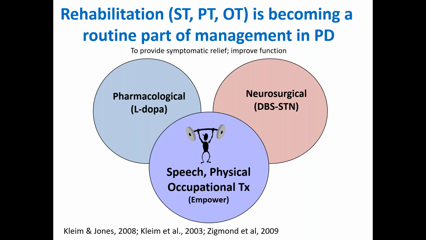But we also want them referred out for speech, physical, and occupational therapy so that we can get to patients as soon as possible and catch them early, so that we don't wait until they've progressed so far that it's much harder to make the gains that we could early on in the diagnosis of Parkinson's.